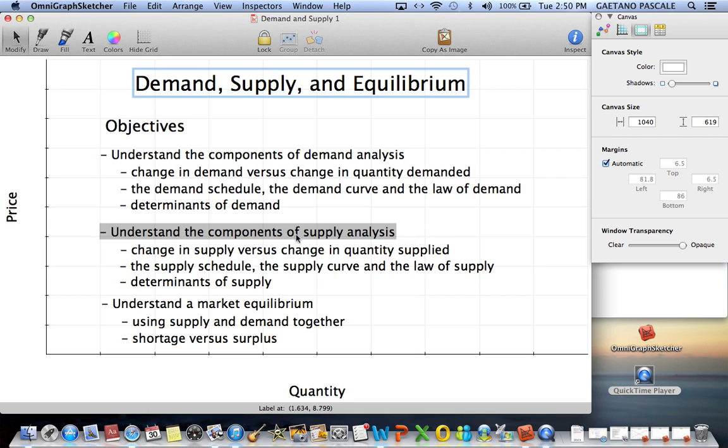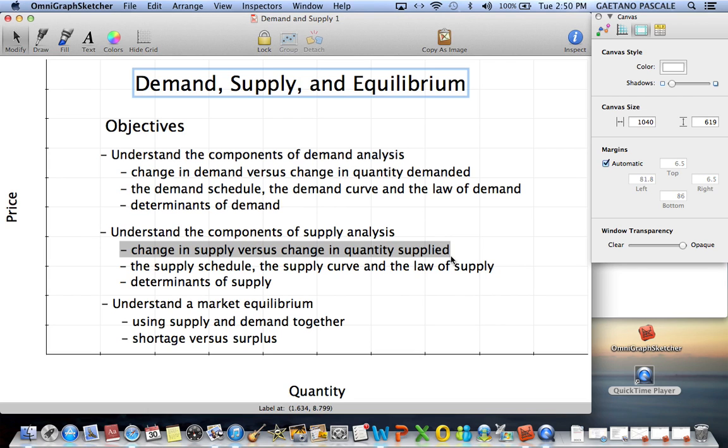Once we finish that, we will move over to the supply side and take a look at supply analysis. Now, the thing I will point out to you is that if you have a good understanding of the demand side of this analysis, then it'll be very easy for you to understand the supply side. So here we are going to take a look at change in supply versus change in quantity supplied. Again, something that students oftentimes get confused about and think that these are the same thing.